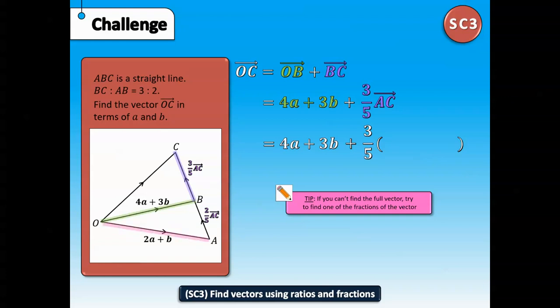So we know that AO and OB would be AB. So 2/5 of AC is minus b minus 2a plus 4a plus 3b. We want 3/5 of AC.